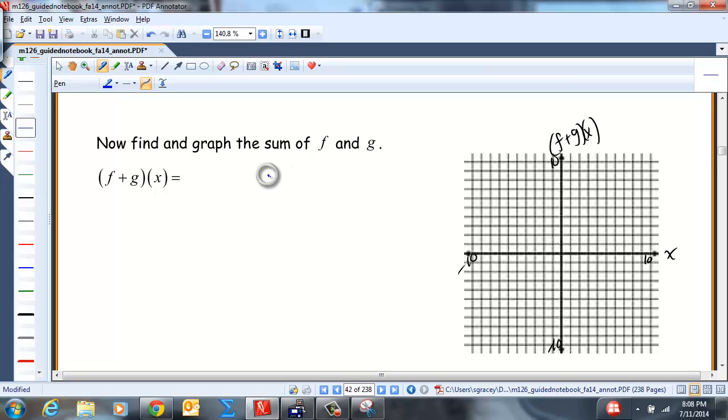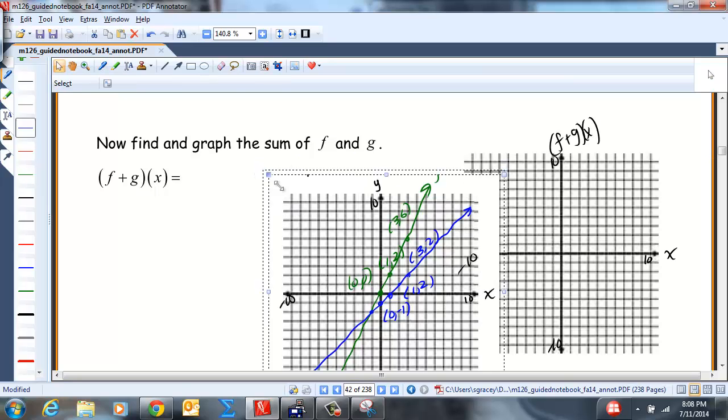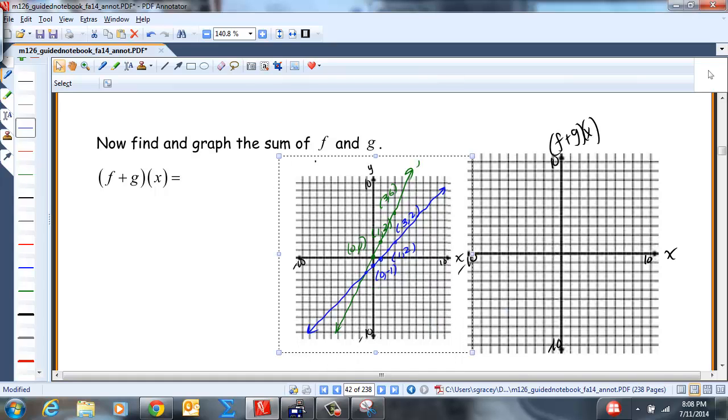And if we take a look at doing this by graphing, we could actually figure out ordered pairs. I'll do this one in black. So we're summing the y values. The input values will be the same, but the y values will be the sum of the y values of these two graphs. So we'd have an input value at 0, negative 1, because 0 plus negative 1 is negative 1.